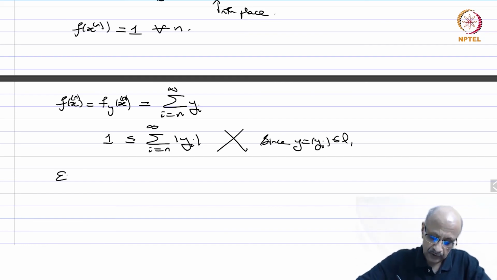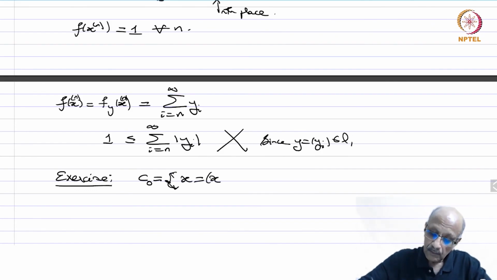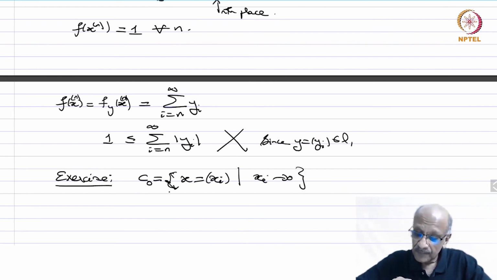So in fact, you can check this as an exercise. We looked at C0 in the exercises of the previous chapter. This is the set of all x which converge to 0. And we saw this was a closed subspace of this. So it's a Banach space of its own.